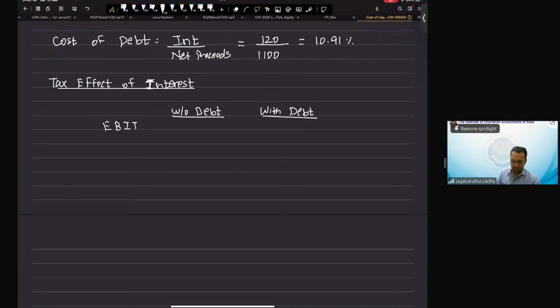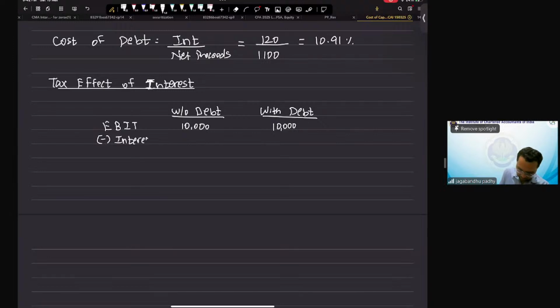So both companies are having an EBIT of, let's say, 10,000. The company without debt is also having 10,000. The company with debt is also having an EBIT of 10,000. From this EBIT, we are going to subtract interest.